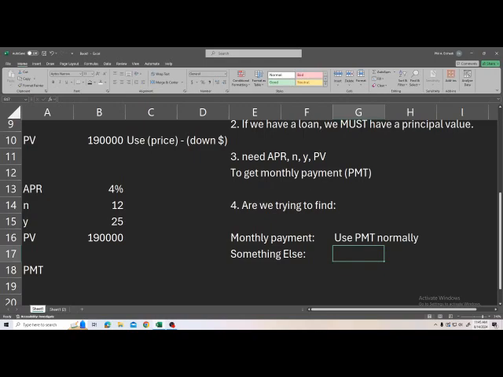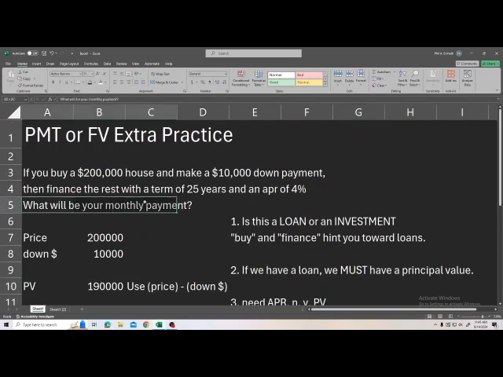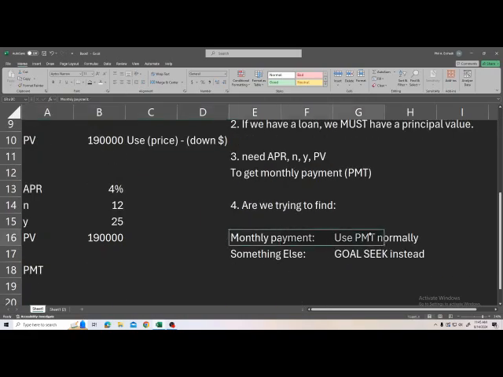However, if we already know the monthly payment and we're trying to find something else, that is a goal-seek situation. To make sure, we'll read the question. In line 5, the question says directly, what will be your monthly payment? Because we are looking for the monthly payment, we will simply use the PMT formula normally.